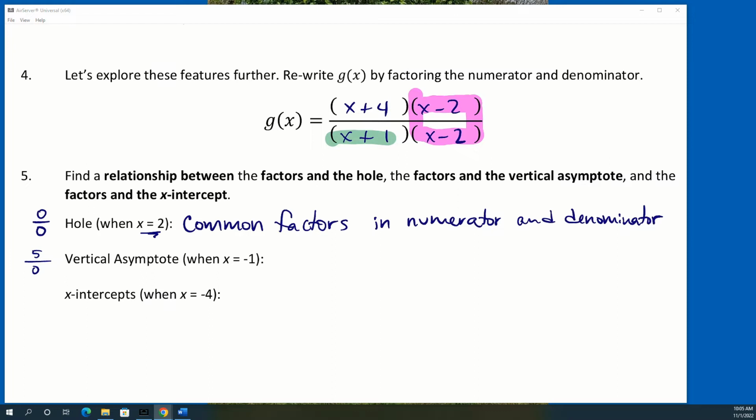So the location of that is only in the denominator. And then the x-intercept is negative 4. I noticed that I have a factor with a 4 in it, and it happens to be a factor only in the numerator.